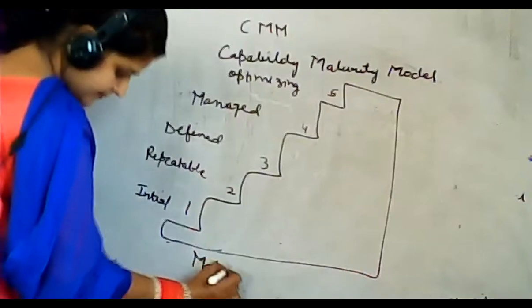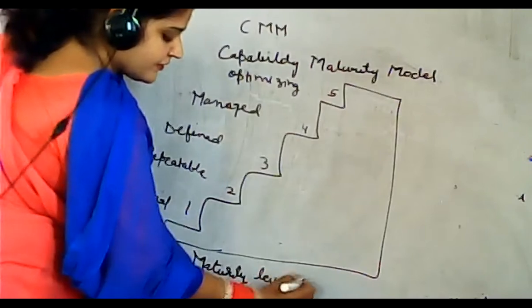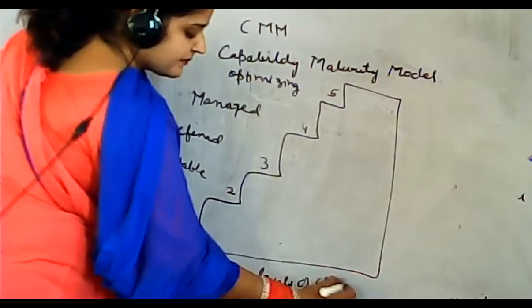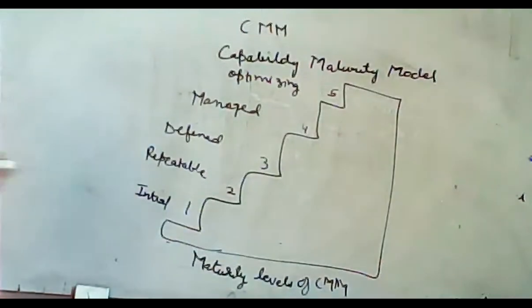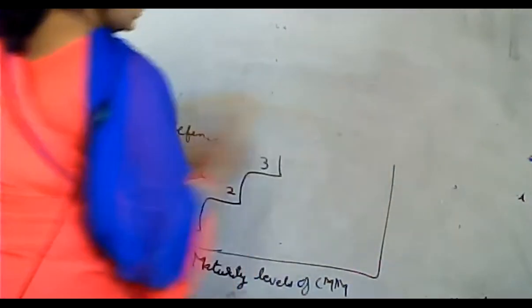These are the capability maturity levels: initial, repeatable, defined, managed, and optimizing. What these levels do, the basic characteristics of these levels, this table represents the various characteristics.